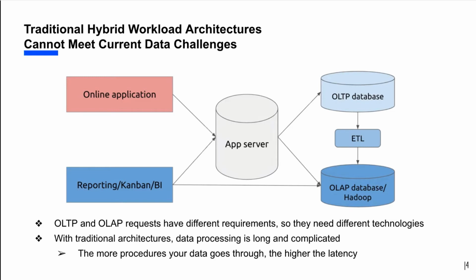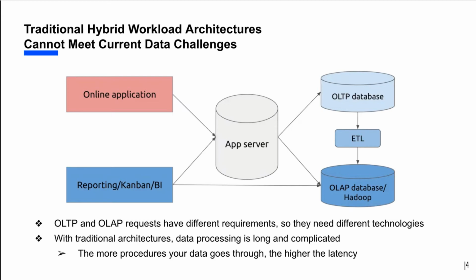So how people have done that in the past and continue to do it, as illustrated here, there'll be some type of application server that front ends an OLTP store and an OLAP store. And in those back-end processes, as those transactions take place into the OLTP part, it's going to pass through some type of ETL process, and then that's going to be stored in what is sometimes referred to as offline data warehouses.